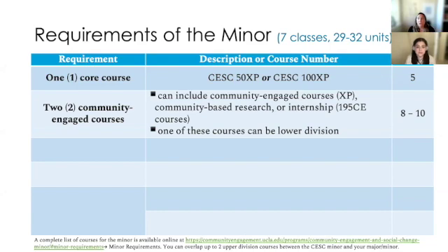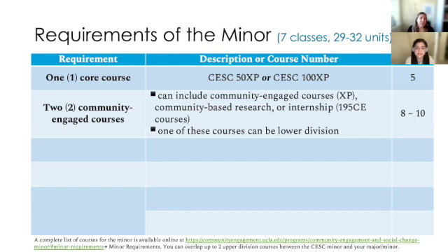So the community engaged courses, that can be any XP course, could be a community-based research class, or even an internship course like our 195 CE courses, which I'll share more in a little bit. Out of the 2 community engaged courses, 1 can be lower division.